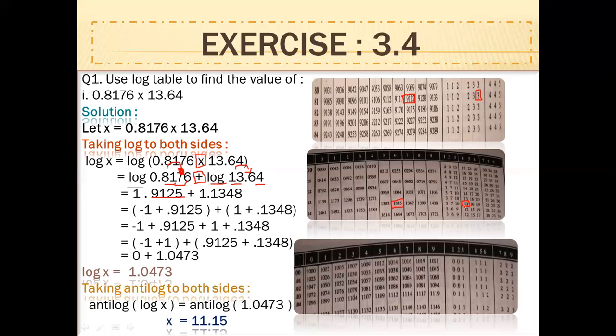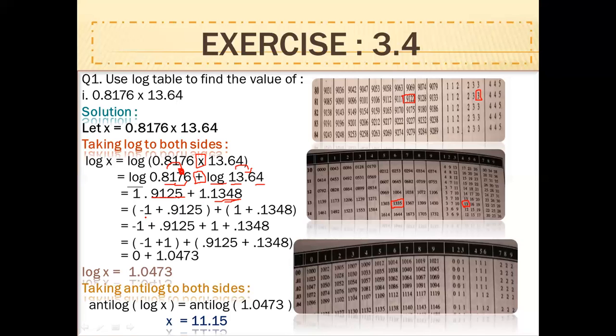But our required log is in the second row, so we will check the difference in the second row, not in the first row. The difference is 13, so we add 13 to 1335, and the mantissa becomes 0.1348. These steps are familiar to you because we have done them in 3.2.